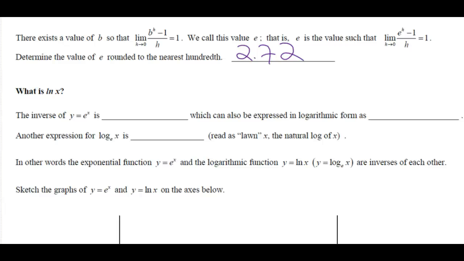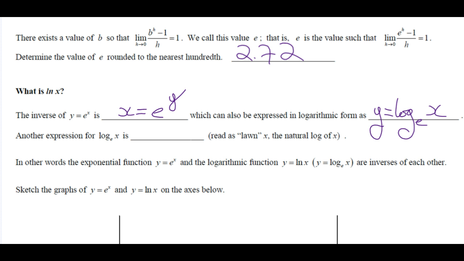So. Okay, so what is ln x? Most of the time I'm going to say ln. The inverse of y equals e to the x is, what do we do with the x and y? Which can also be expressed in logarithmic form as y equals log base e of x.